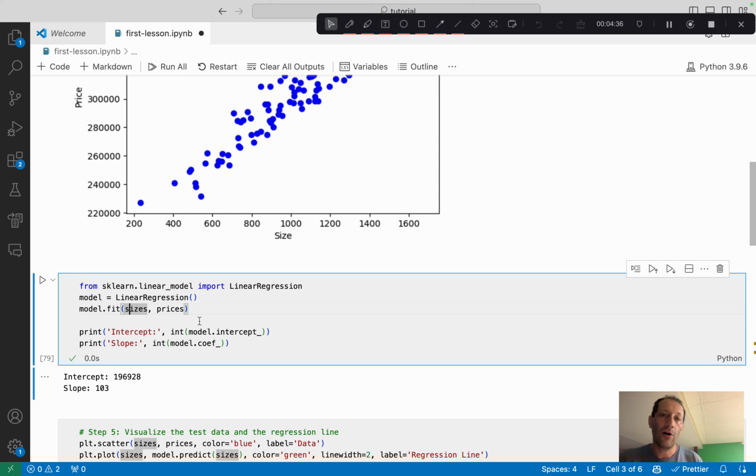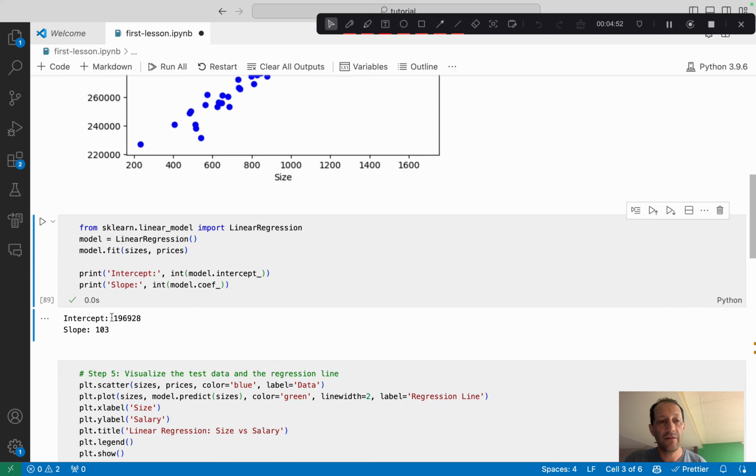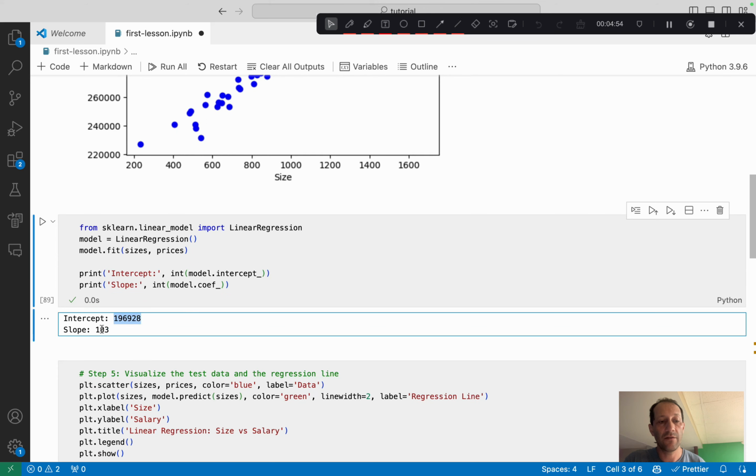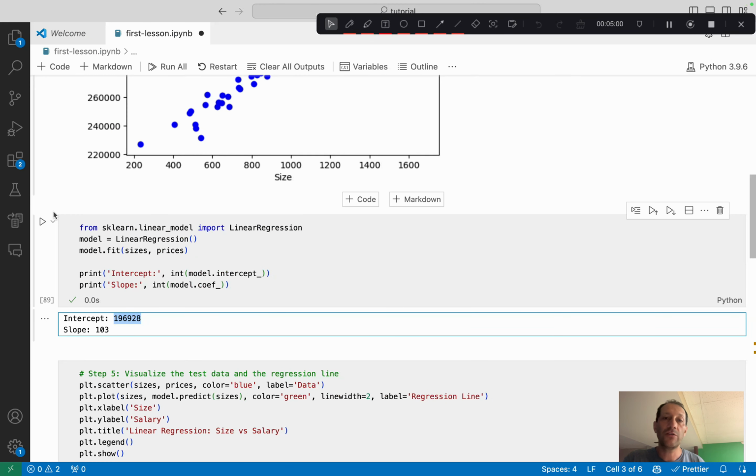And if you recall, the model is just an equation here, the equation of a line with 2 parameters, right? You have the slope and you have the intercept that defines that line. So if I run it, it says this is the intercept and this is the slope. And that's where I got my values from, by the way. You remember this? And now you have that equation ready to go and make predictions.